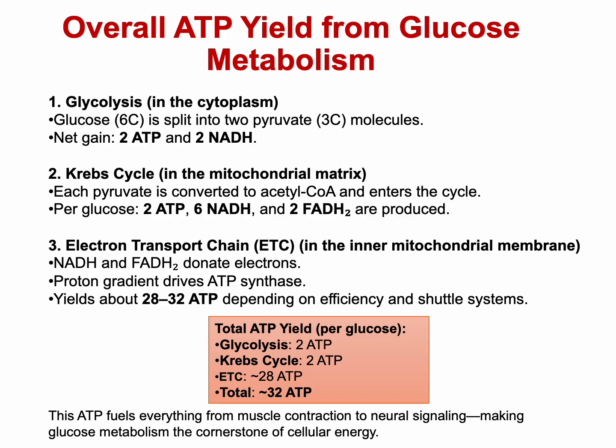So this breakdown shows how glucose metabolism from glycolysis to the Krebs cycle to the electron transport chain produces approximately 32 ATP, depending on cellular efficiency and transport mechanism. That ATP powers vital functions like muscle movement and nerve activity, making glucose metabolism central to the cellular energy supply.